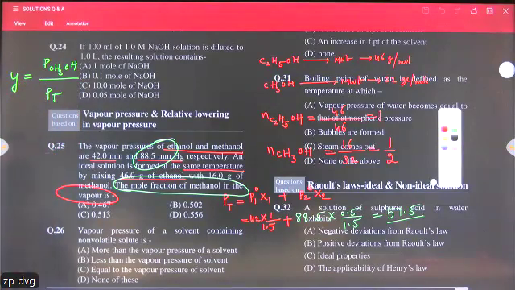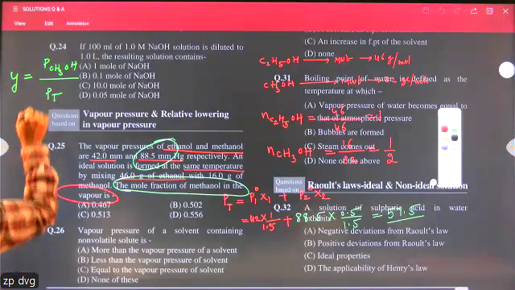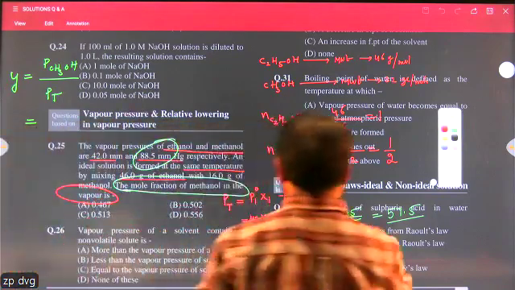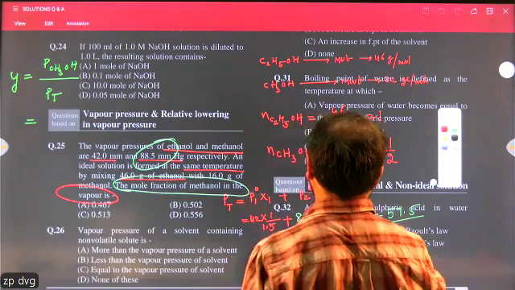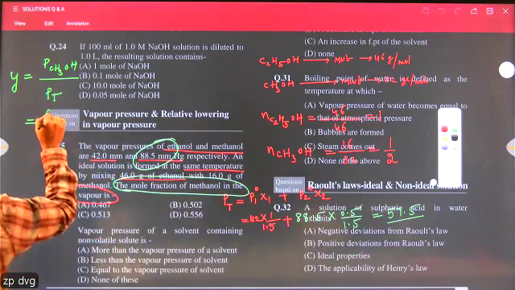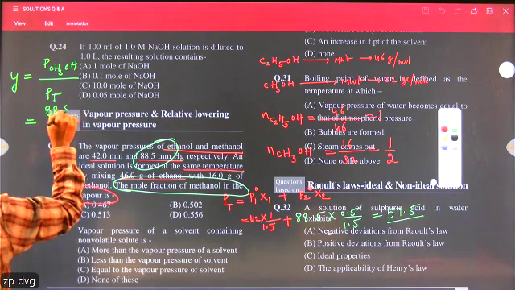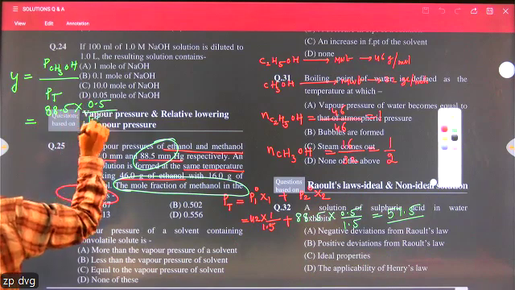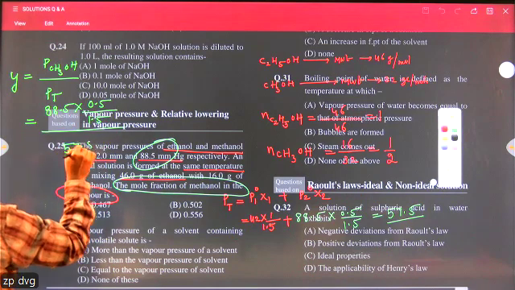What is the partial pressure of the methanol? 88.5 into 0.5 divided by 1.5, and total pressure is equal to 57.5.